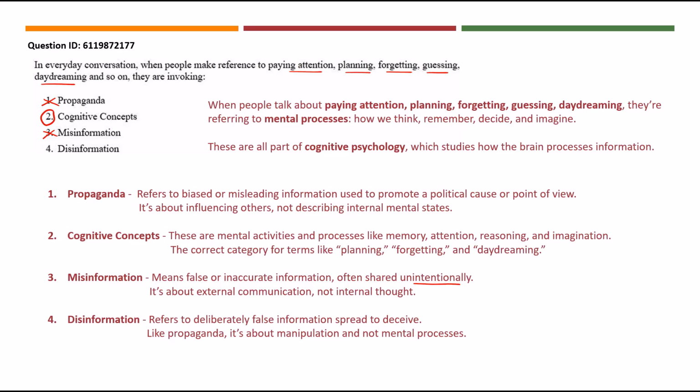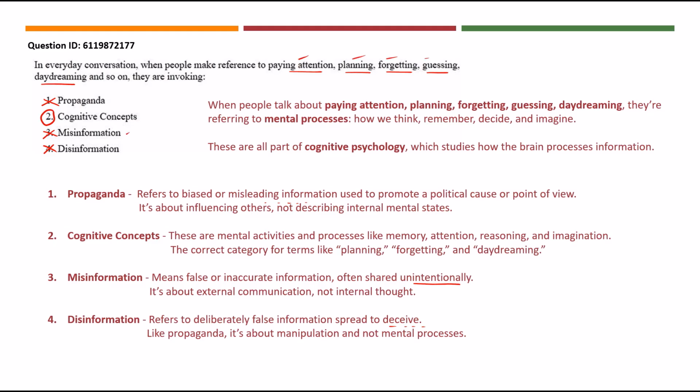It is false information only, but it is shared unintentionally. But when that information is spread intentionally or deliberately, means wantedly they are doing, that is disinformation. Like propaganda, it's about manipulation and not mental processes. So disinformation is also like propaganda, means both are about manipulating others and it does not refer to an individual's mental processes. So disinformation is also not a part of the answer.